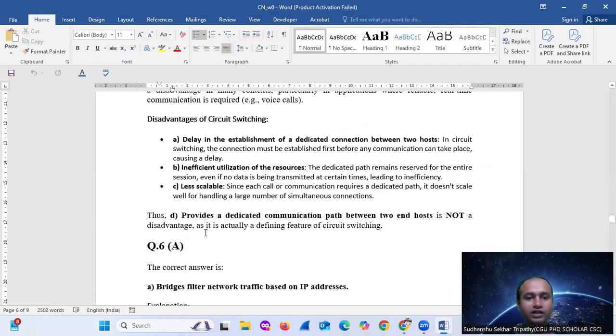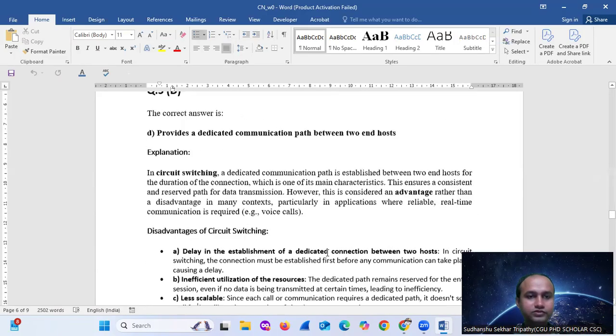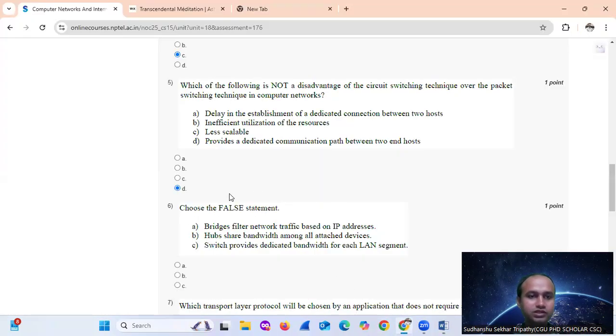Okay. So option D, that is provides a dedicated communication path between two end hosts, is not a disadvantage, as it is actually the defining feature of circuit switching. So the answer is option number D.